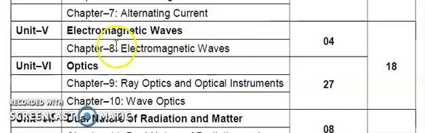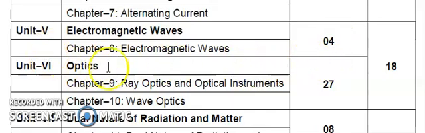When charge is accelerated, it radiates some energy in the form of electromagnetic wave. This is the last chapter of volume 1. There are 2 volumes of NCERT. This is the last chapter of volume 1, electromagnetic wave. Okay, chapter number 8.